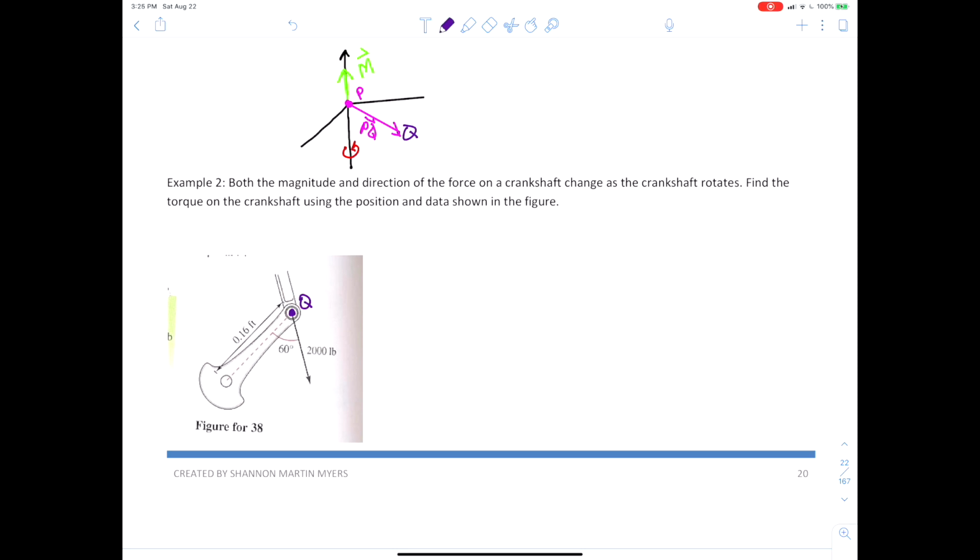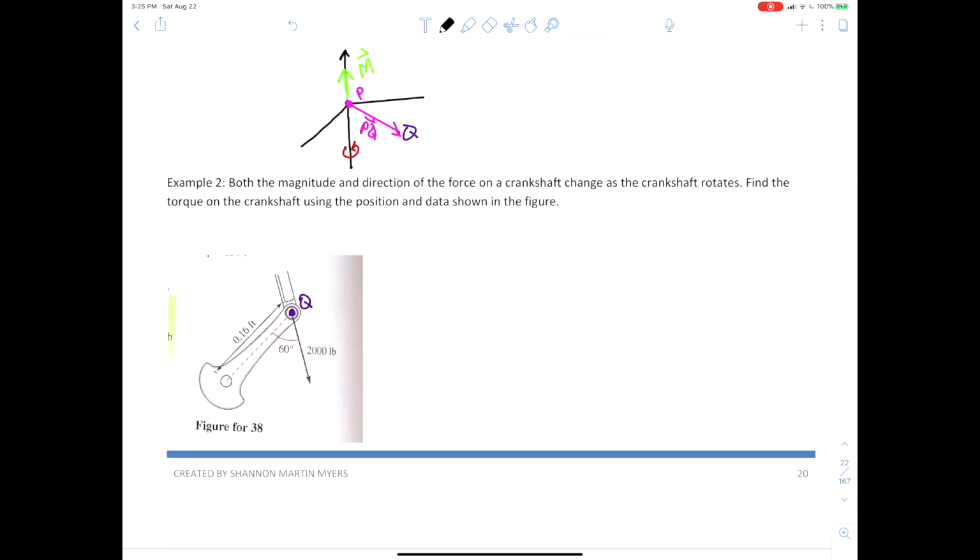And so what we need to do is figure out how this picture relates to what we have, all right? So let's just do I, j, and k vectors.